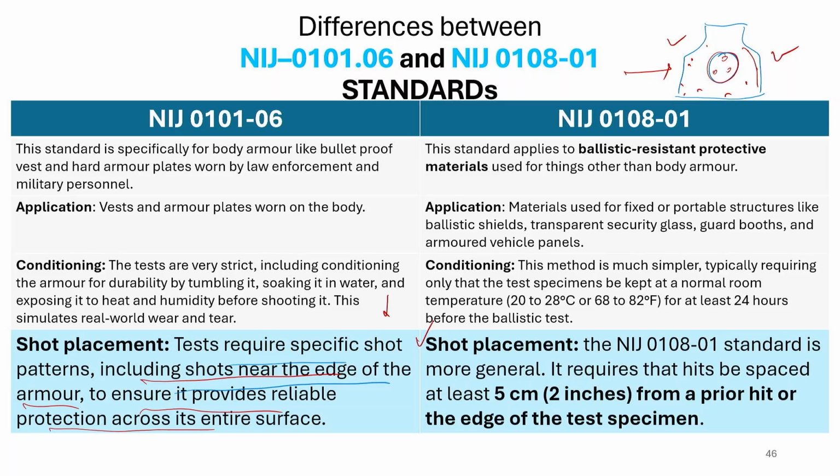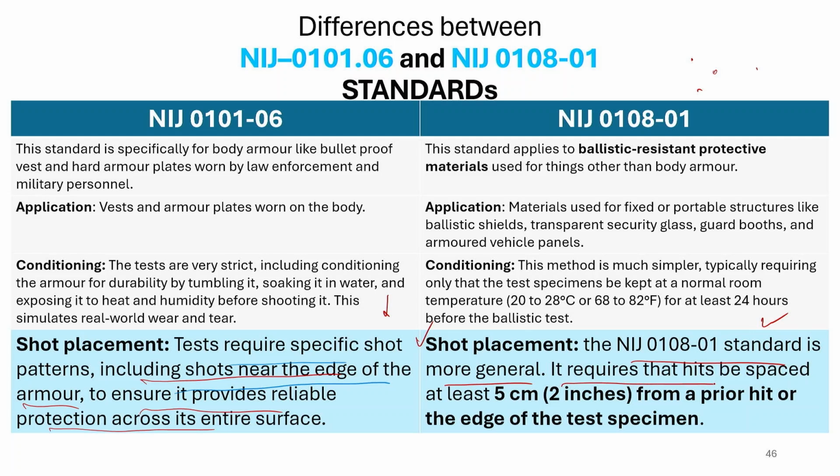But in the case of the NIJ 0108.01 standard, the requirements are different. It is basically more general, whereas NIJ 0101.06 has very stringent requirements. Here the shot placement is general, you can have a shot anywhere.